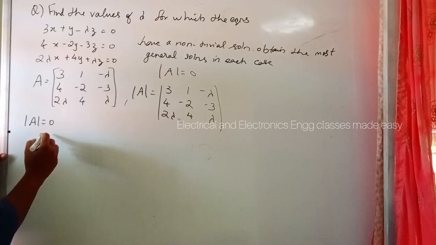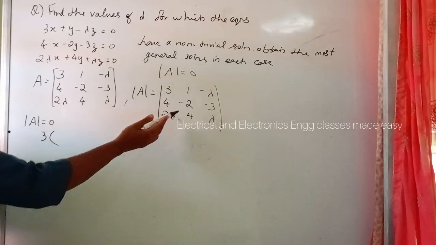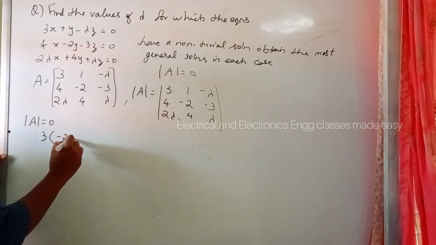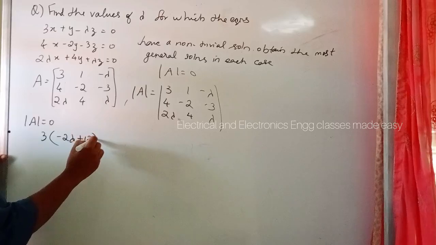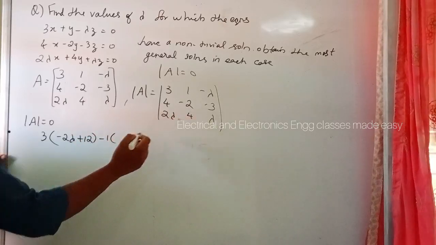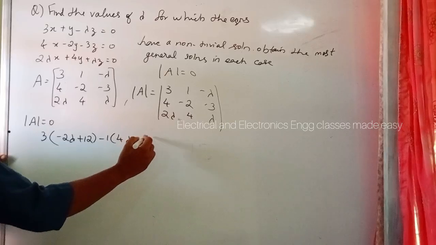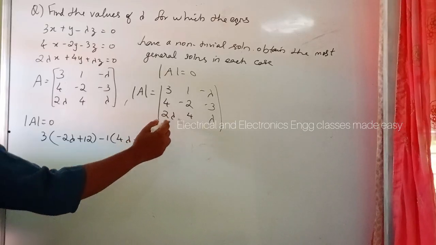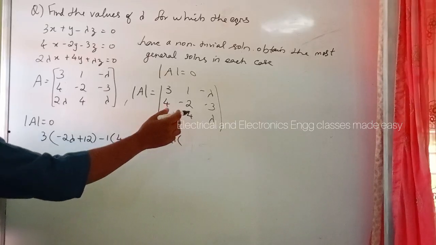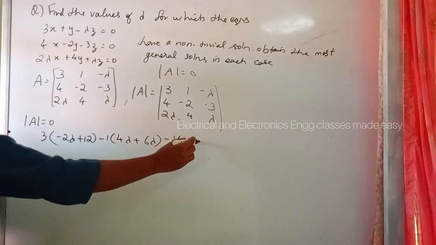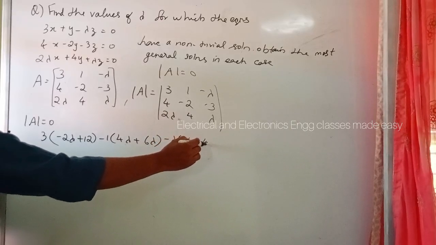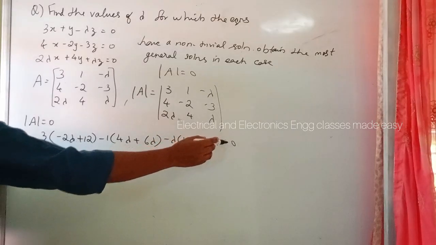So here we will get 3 into minus 2 lambda, then plus 12, minus 1 into 4 lambda, then plus 6 lambda, then minus lambda into 16 plus 4 lambda equal to 0.